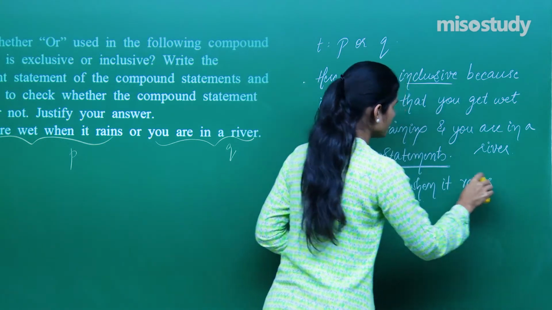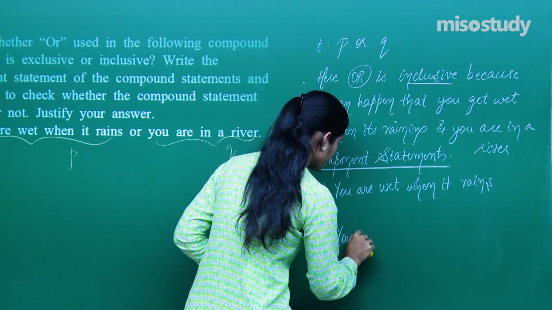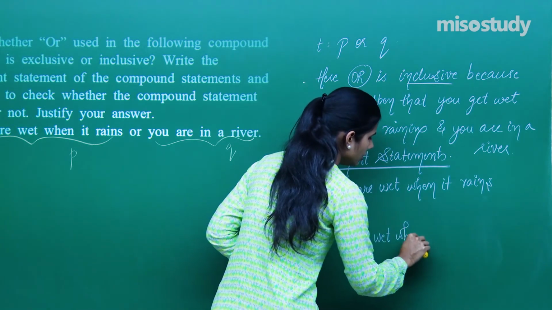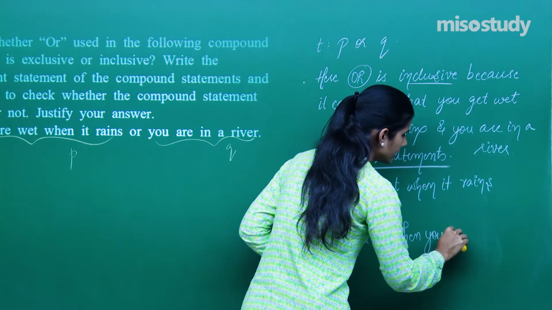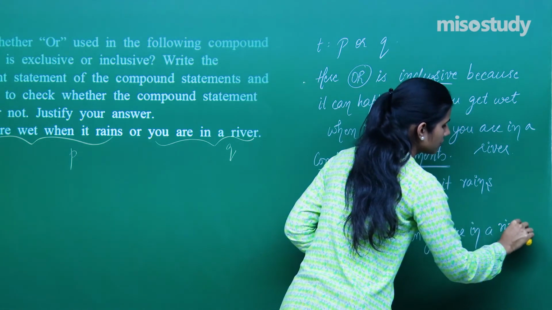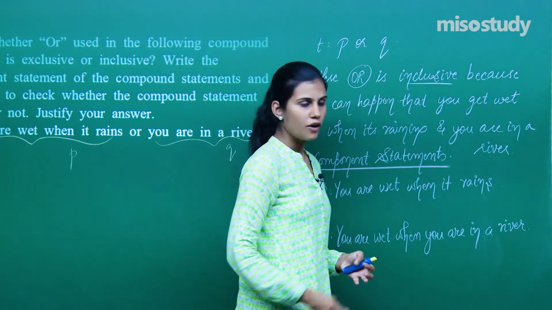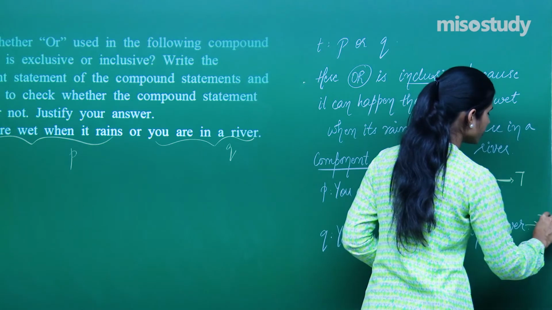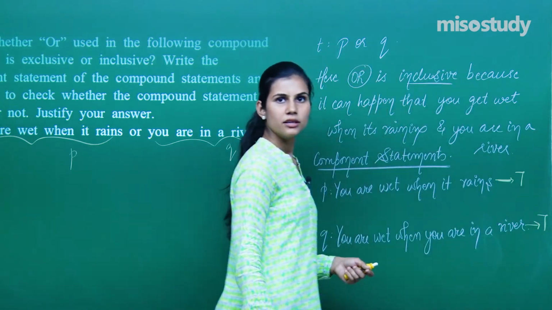And next one is you are wet when you are in a river. Of course, this is holding truth value of being a true statement. This is holding truth value of being a true statement.